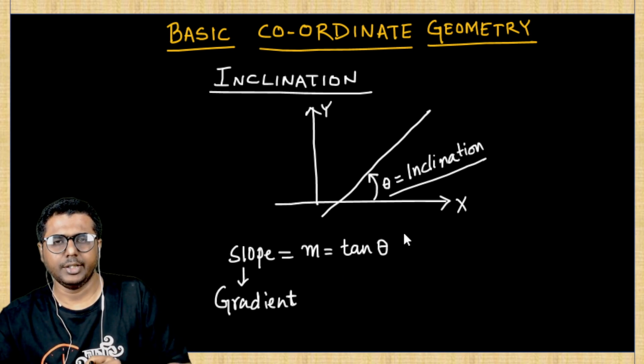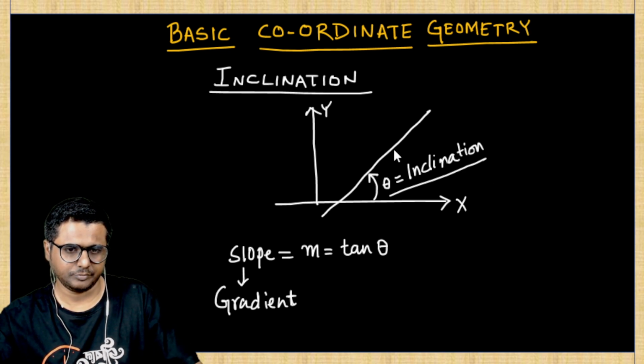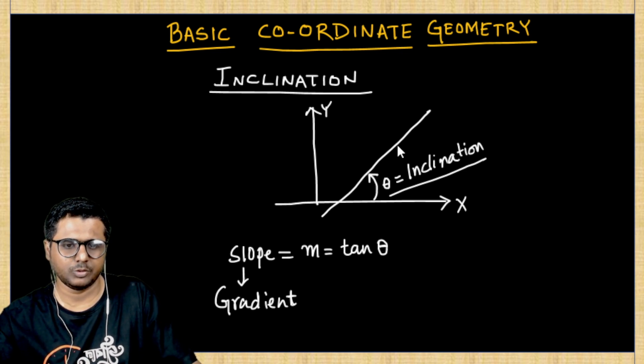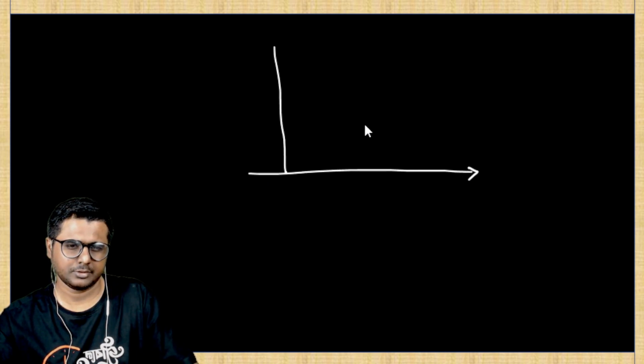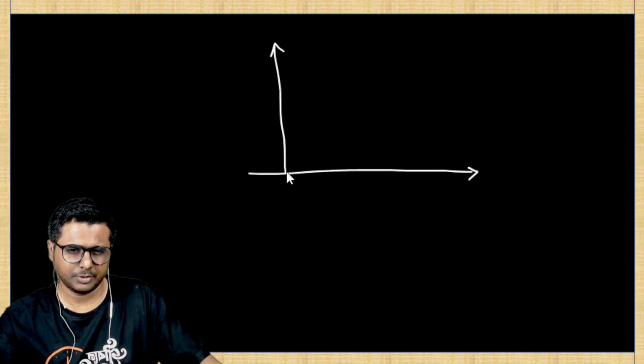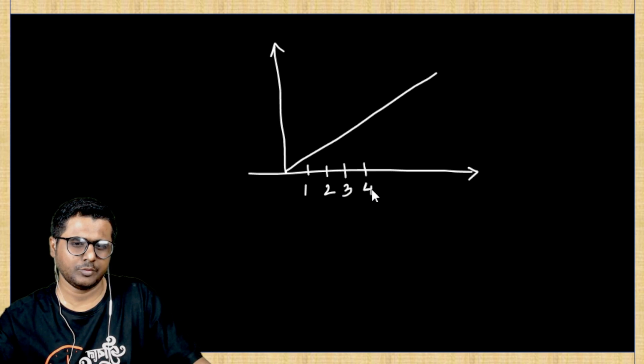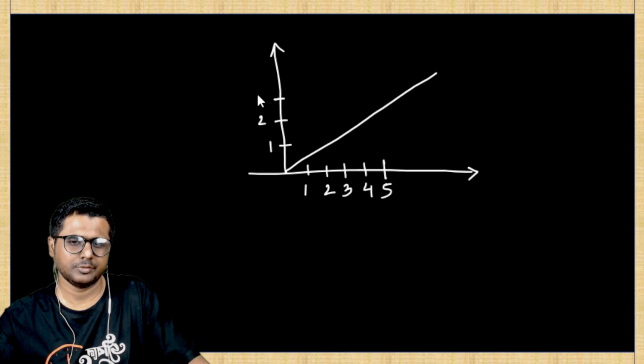Now we will also be understanding the concept of slope. See, first of all, why it is tan theta. So first let us understand the concept of slope. Whenever we are talking about a line, we will go to the next sheet. Suppose this is 1, 2, 3, 4, 5, likewise 1, 2, 3, 4, 5.